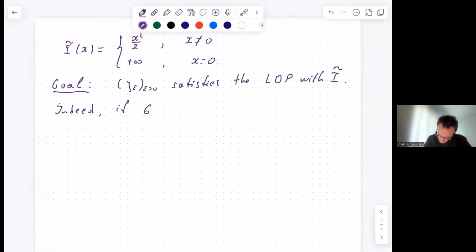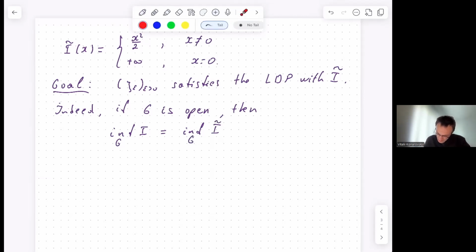If G is open, then it is trivial that the infimum of I over G is equal to the infimum of I tilde over G. The reason is that if the point 0 does not belong to the set G, then these two functions coincide, therefore the infimum must be the same.